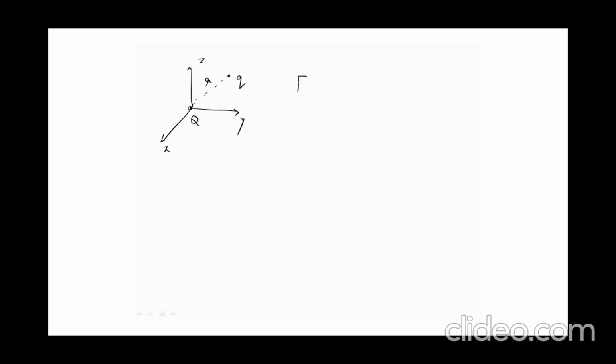The force exerted by capital Q on small q, provided q were at rest, or for that matter even if it was moving, would be 1 upon 4 pi epsilon naught Q q divided by r square r cap, exactly like the way it would be with the gravitational force, in that F of r would be given by Q q divided by 4 pi epsilon naught r square.